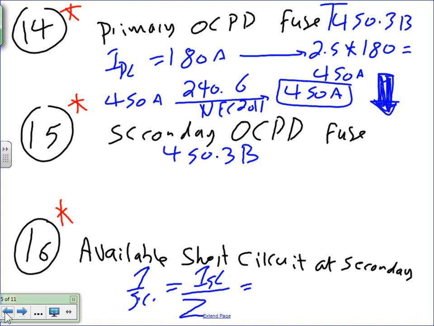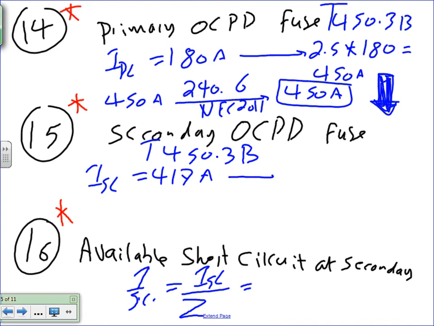Okay, so if you go to the secondary, guys, the same table, you're going to be dealing with table 450.3b. On the secondary side, if you guys remember, we're going to use number 15, I secondary line equal, that's the line that we'll be using, 417 amps, right? 417 amps.